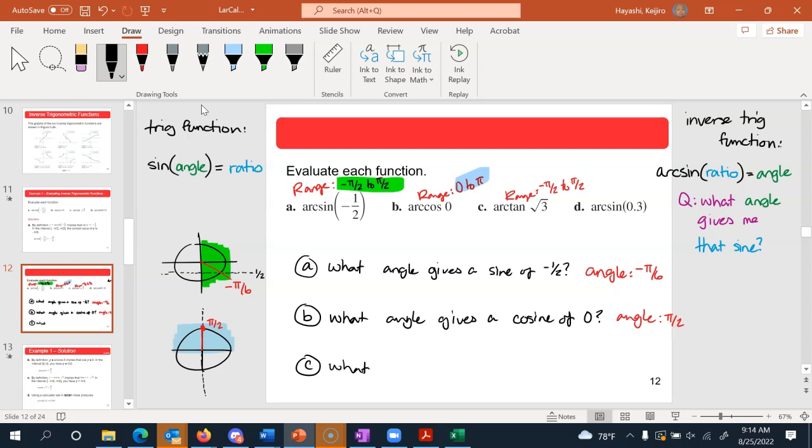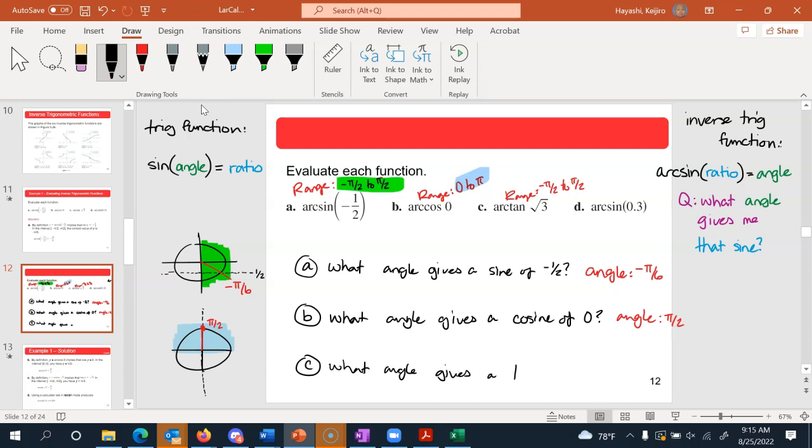For the arctan of square root of 3, that's going to be less apparent because, since it's an arctan, that means that square root of 3 is the result of taking some y value and dividing it by some x value. So it's not immediately going to be apparent what it is.